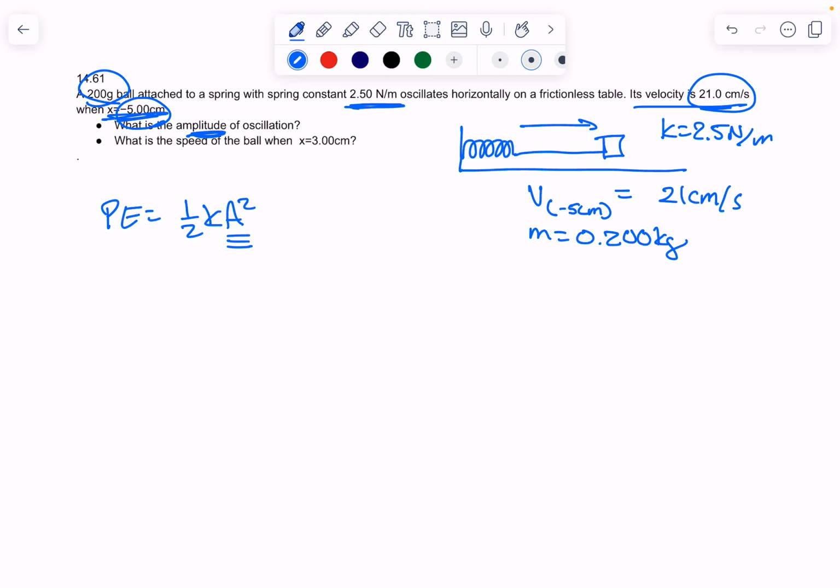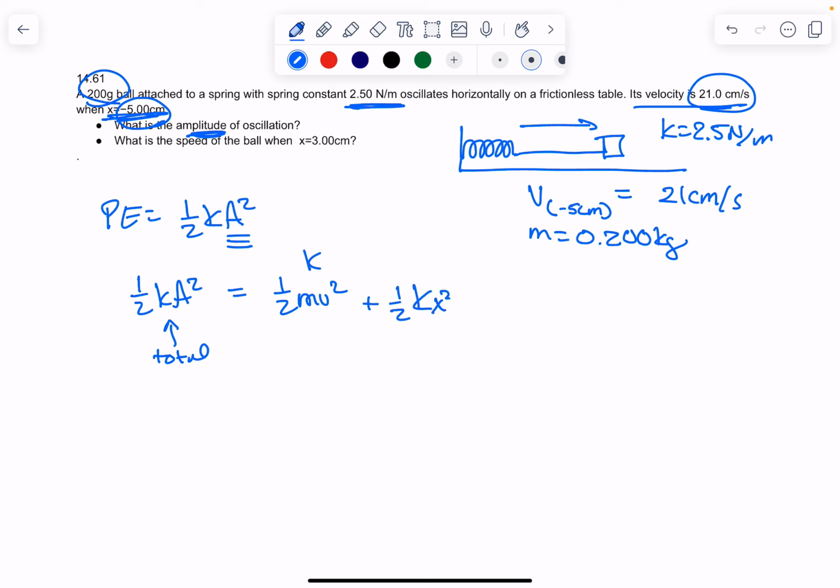So I can say 1/2 k a squared is equal to 1/2 m v squared, the kinetic energy, plus 1/2 k x squared, where x is the partial amplitude, because this is the potential energy. Because I know all these numbers, I can find the amplitude, the max total energy, if you will.